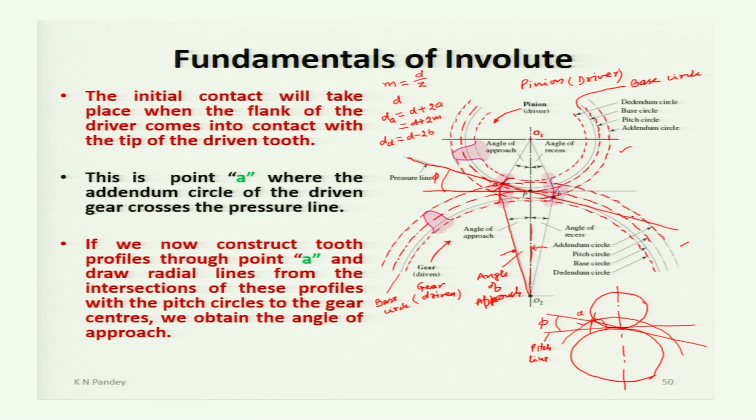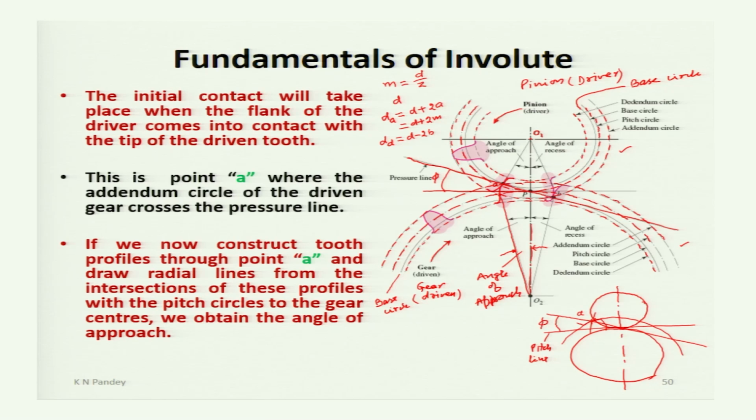So, in brief, we can say that start point is the point where the addendum circle of the driven gear intersects the pressure line, and end of the contact of a set of gear teeth will be where the addendum of the driver intersects the pressure line, and that is the B point.